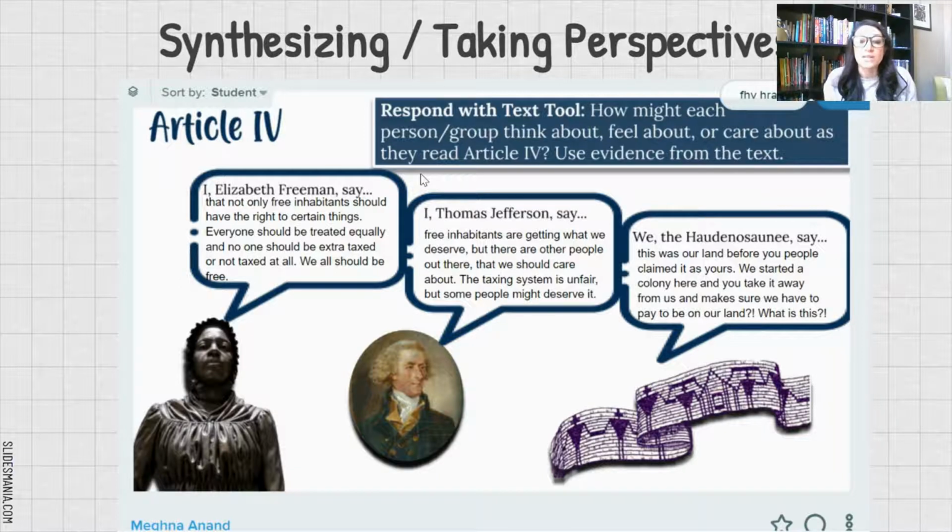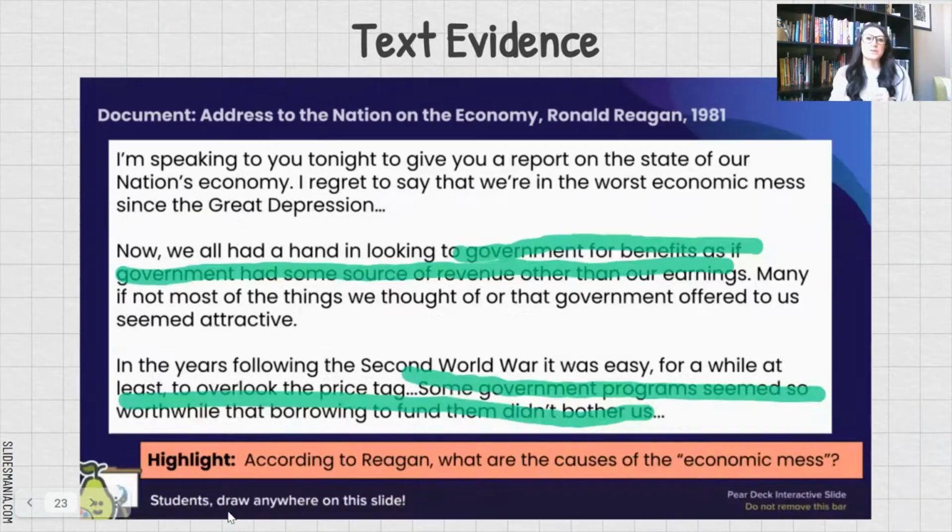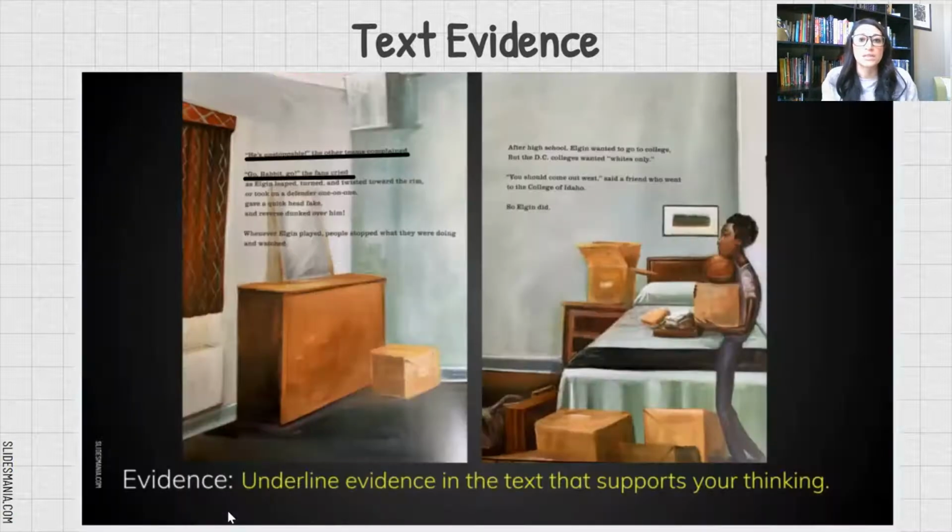And again, I'll direct them to use the text tool because some of my students will sometimes try to use the pen tool to write, and it's really hard to read what they're writing with the pencil tool. So sometimes you have to direct them to use the text tool. Again, just having students pull evidence from the text using that highlighting feature instead of having them type the evidence out in a text tool, or just having them highlight right on the slide.